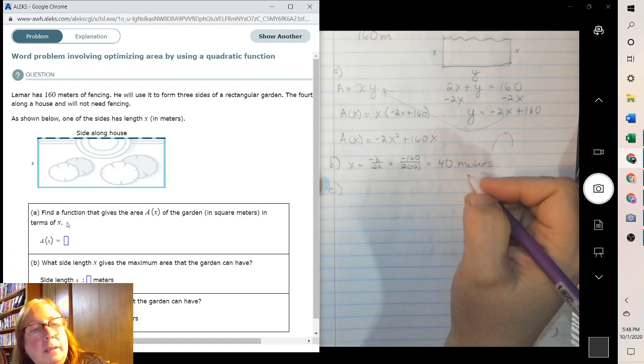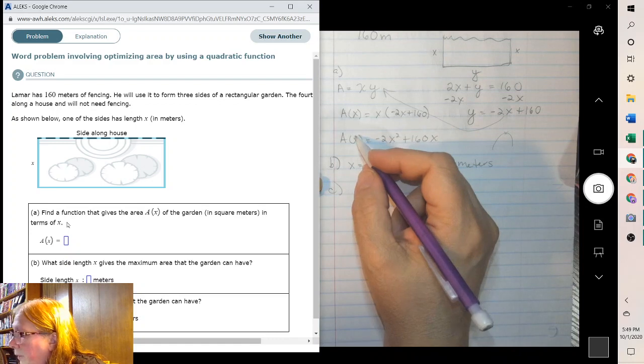To find the maximum, which is the next question, we plug that into our area.